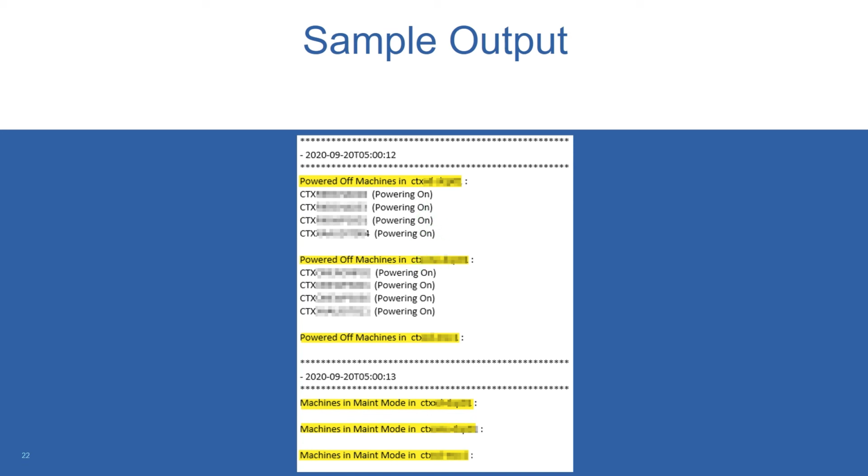Also, if you're doing the log only function, it will output this exact verbiage and let you know what it's going to do without actually doing it. So the log only will say powering on, but it won't actually take those actions. In this case, it didn't find any machines in maintenance mode, so it didn't output anything there.